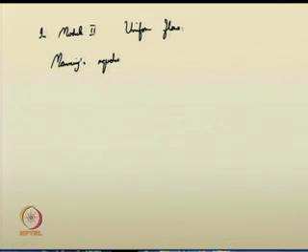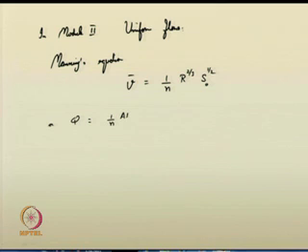In uniform flow, Manning's equation was given as V is equal to 1 by n R to the power of 2 by 3 S0 to the power of half, or Q is equal to 1 by n A R to the power of 2 by 3 S0 to the power of half.